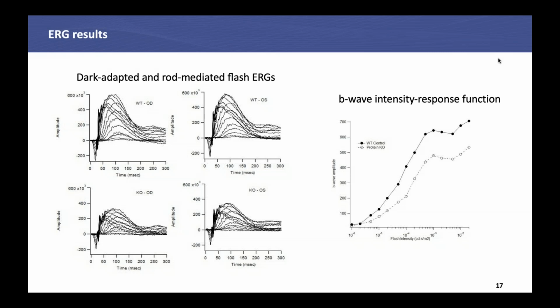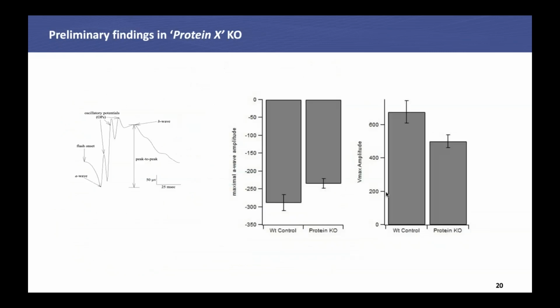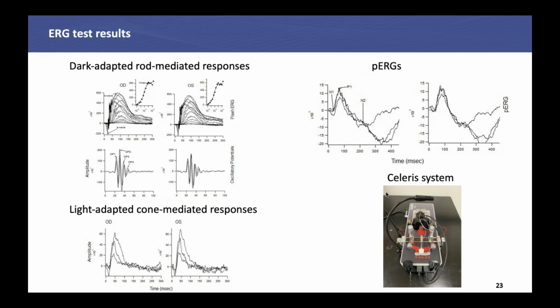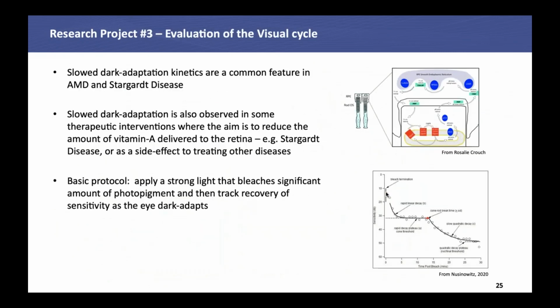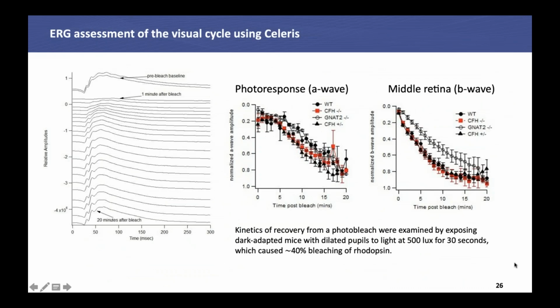Another question: could you explain the bleach recovery in detail again? What the bleach recovery does is you start with a dark adapted animal, and you take a basic rod response. Then you bleach it with a very bright background for some amount of time, 30 seconds in this case.